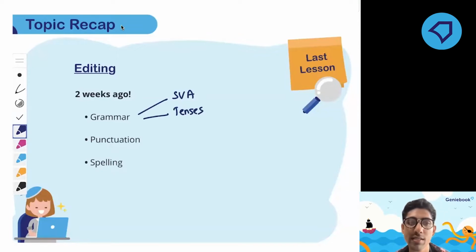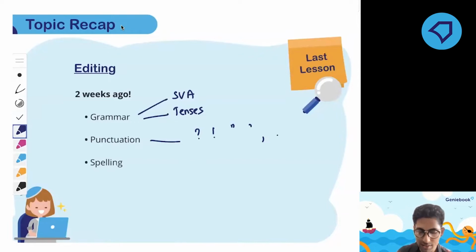Do you use past tense, past perfect? Then we look at punctuation. Punctuation doesn't happen so often because it's not such a major thing to test and a little difficult to test, but it happens sometimes. Like, do you end with a question mark, exclamation mark? That's where you get punctuation.